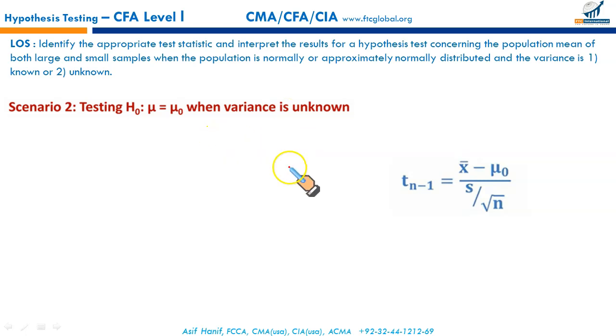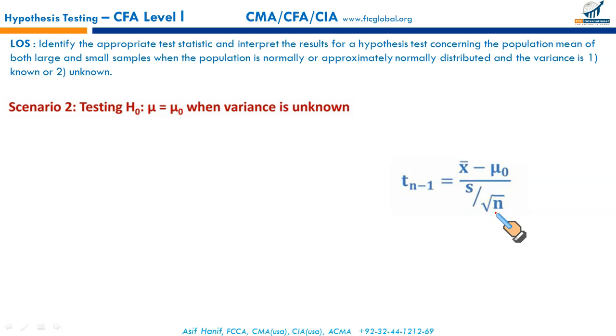We compute the t-statistic with n-1 degrees of freedom, as discussed in our previous reading. Here x bar is the sample mean, mu naught is the hypothesized mean of the population, s is the standard deviation of the sample. Since we do not have the standard deviation of the population, we use the standard deviation of the sample, and we take the square root of the sample size n.